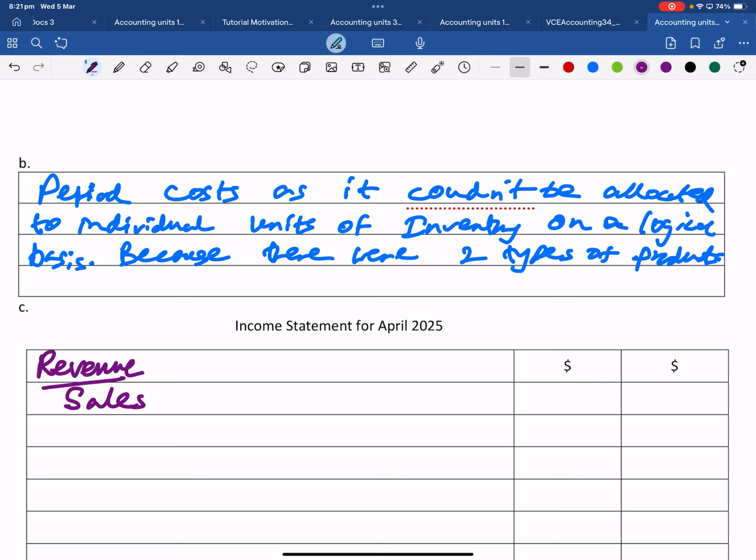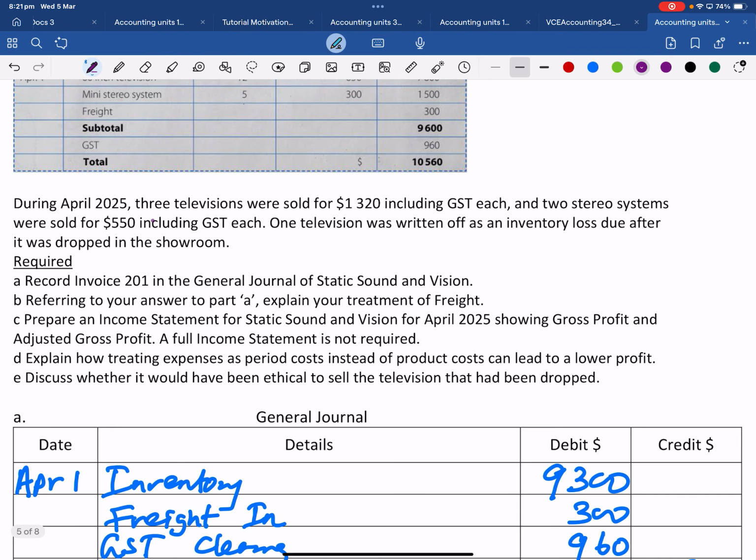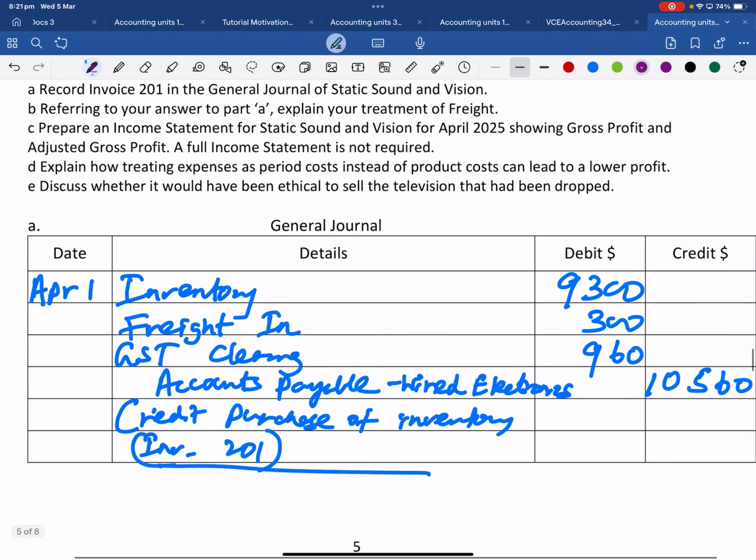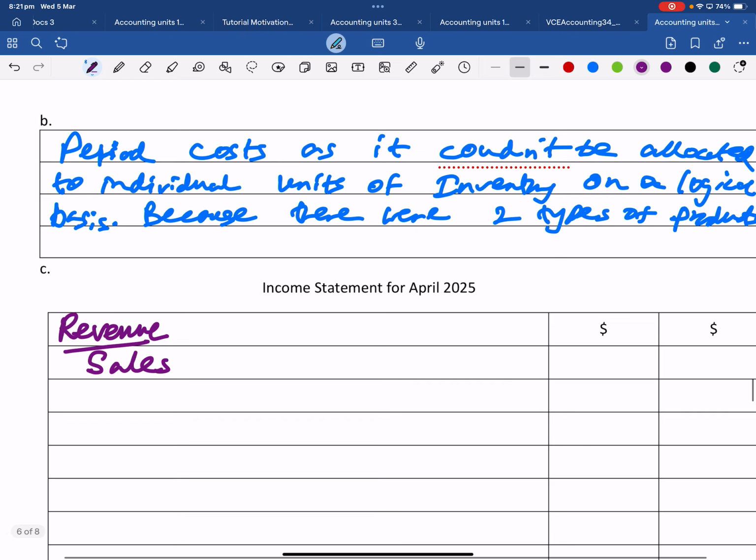Three televisions were sold for 1,320 including GST. That means 1,200. And 2 stereos were sold for 550 including GST. That means basically what is it? Credit and cash sales?